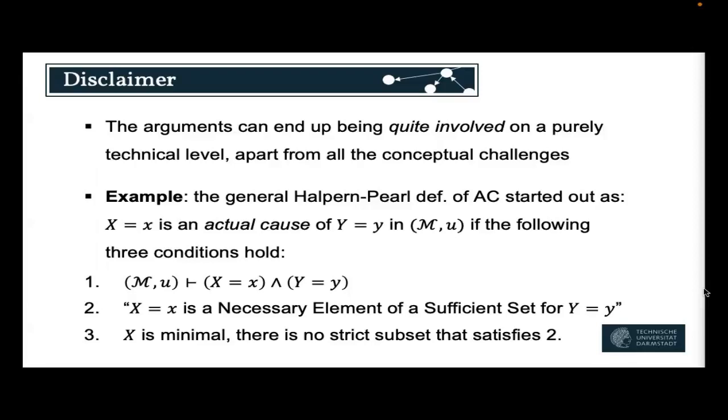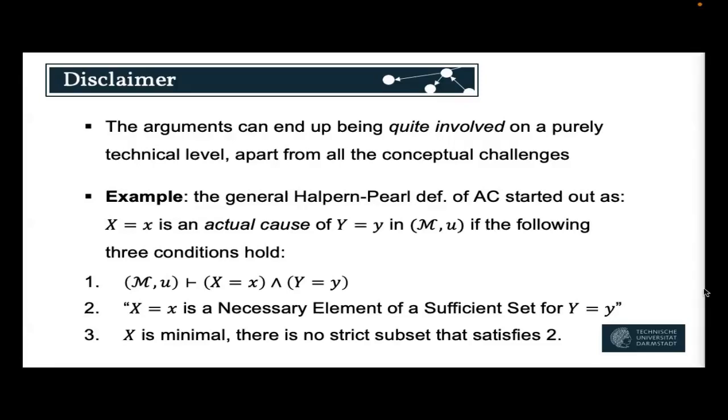Here I just took out the phi just to make it simple, just for the Y equals y case, X equals x, right? So the observation x is an actual cause of y in our causal setting if the following three conditions hold. Again, our causal setting can generate these observations in the first place.